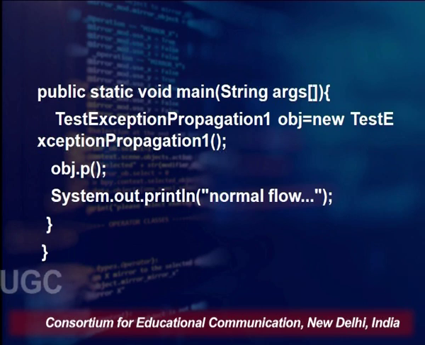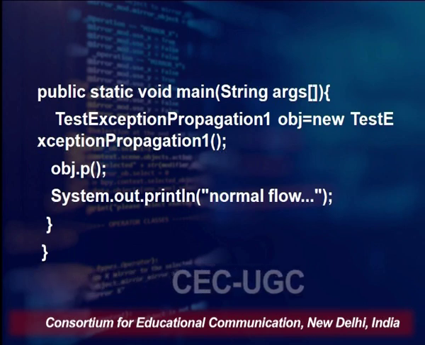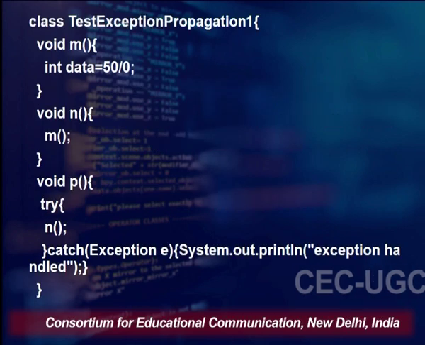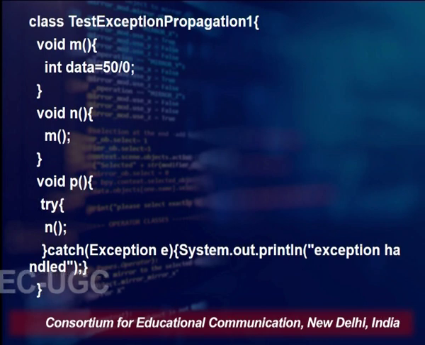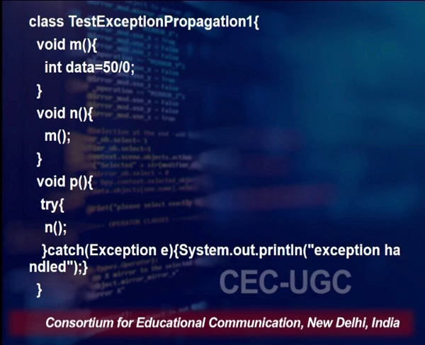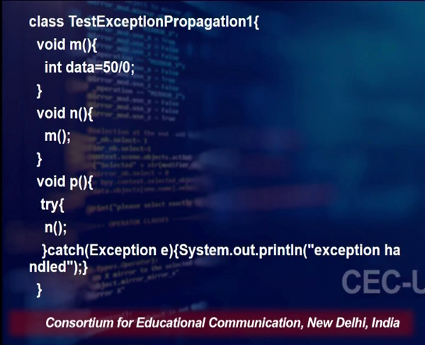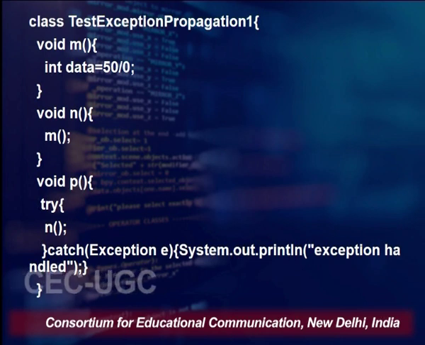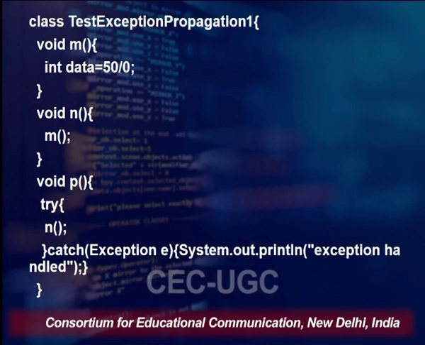So in this execution what will happen? The method p will be called. Within the method p we have a try block, and within that try block we have the method n. In order to execute n completely, m will be called. In order to execute the method m, an exception will be raised.